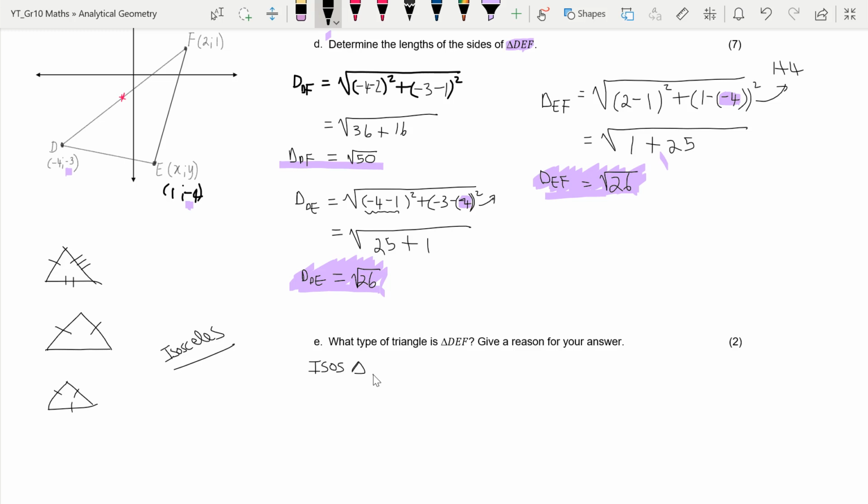Well, we knew that it's an isosceles triangle because two of the sides have the same length, which is the square root of 26. And there you go. We are done and dusted with this question. I hope it was helpful.